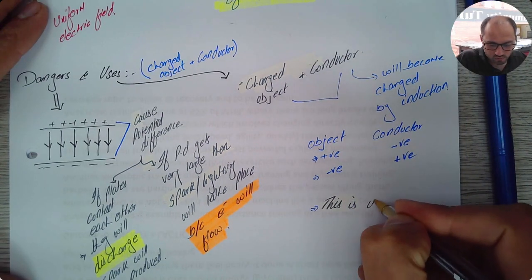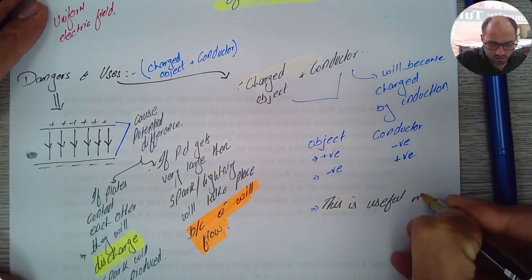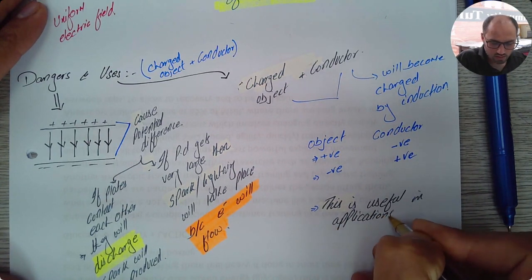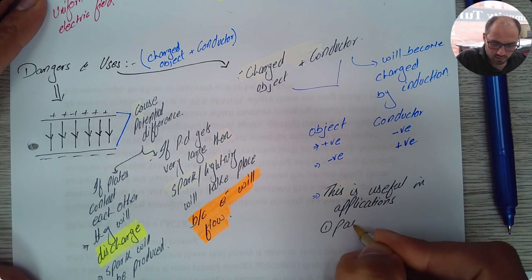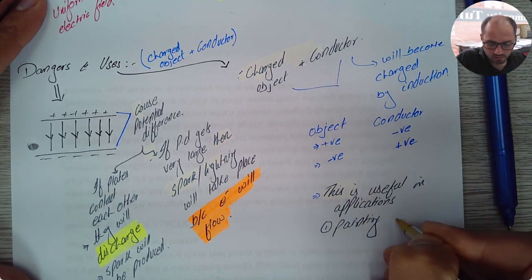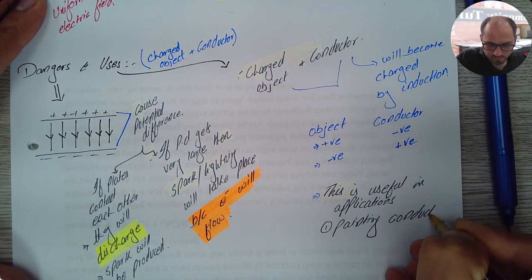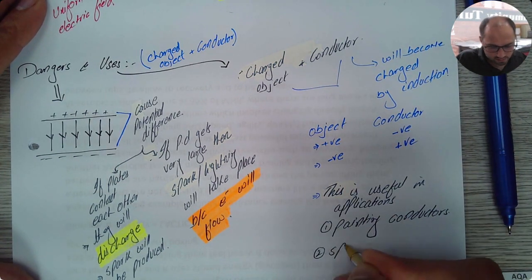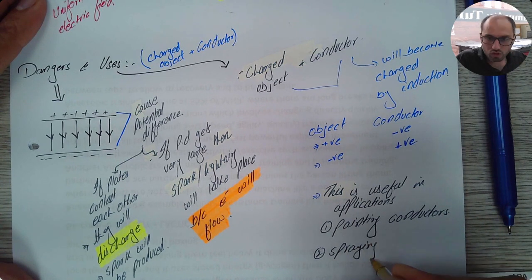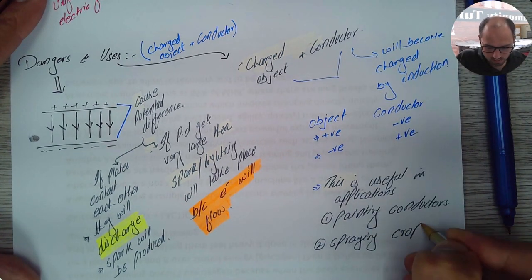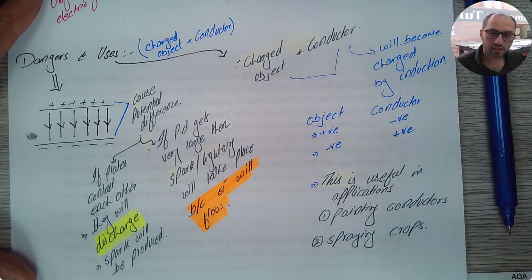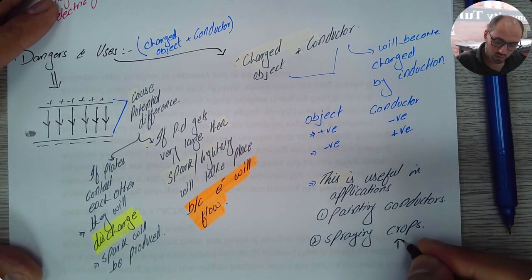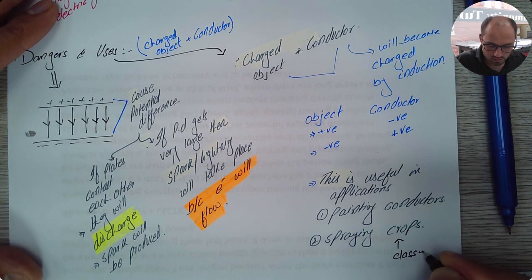This is useful in applications such as number 1, painting conductors, number 2, spraying crops. Now remember, like I said earlier, trees are classed as conductor, so these crops will be classed as conductor.